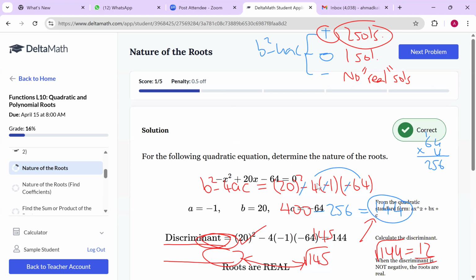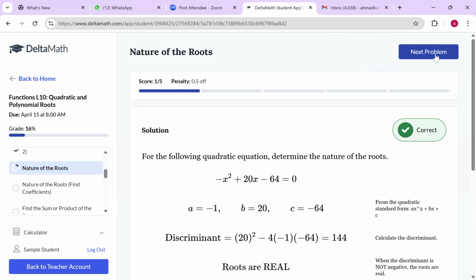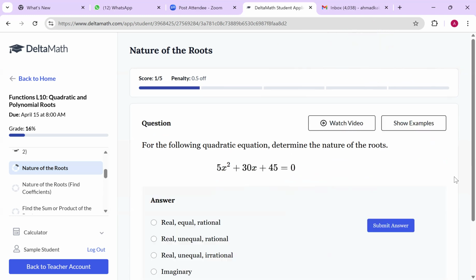Let's try another problem. So the first thing we do is we get the discriminant. So the discriminant is b squared minus 4ac, which is 30 squared minus 4 times 5 times 45.